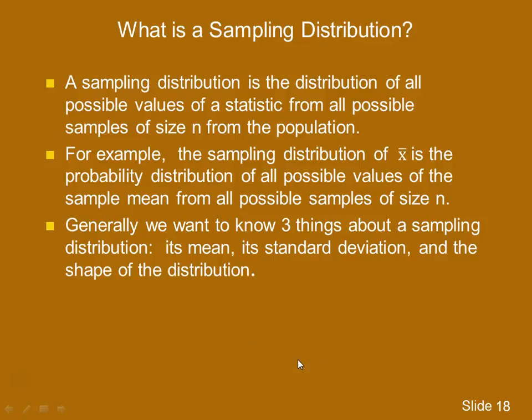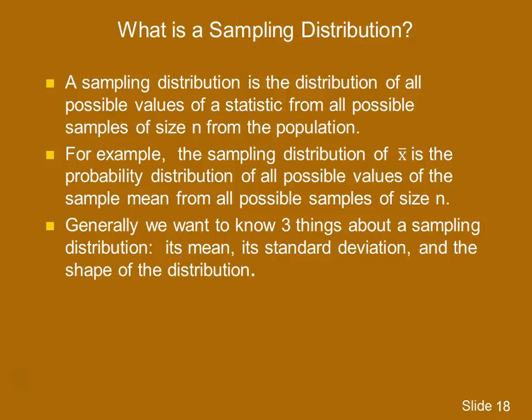A sampling distribution is the distribution of all possible values of a statistic from every possible sample of size n from the population. For example, the first sampling distribution we're going to take up is the distribution of x bar, the sample mean. That would be the distribution of all possible sample means from every possible sample of size n from the population.